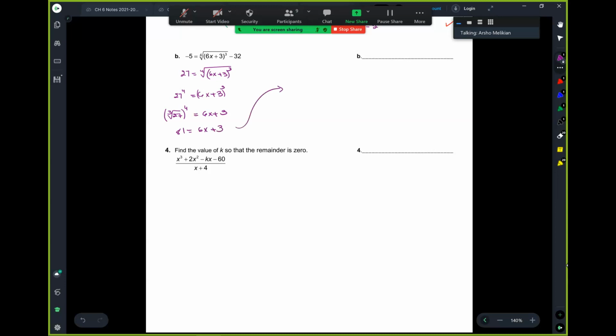So 81 minus 3 is what, 78? So x is 78 over 6. Does that divide? 78 over 6. 13? No. Yeah, 13.